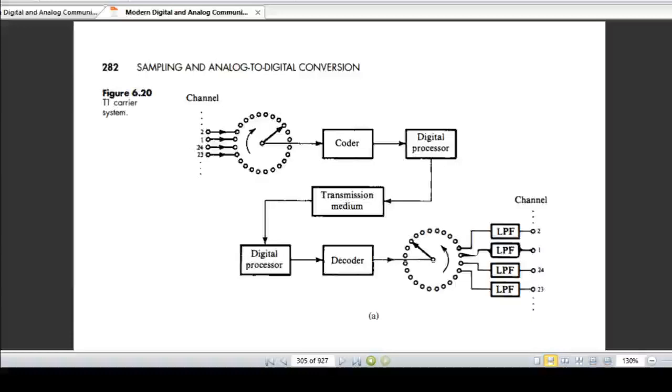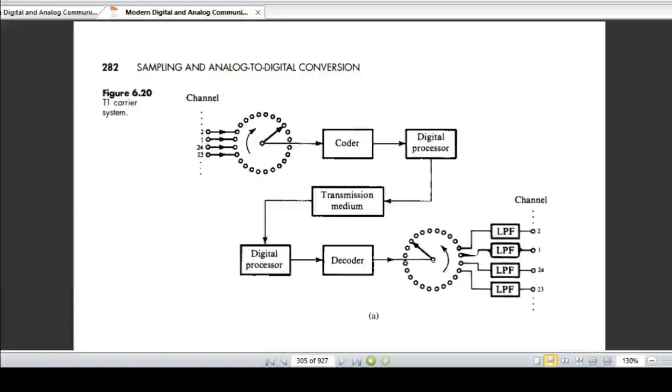In TDM we set time division multiplexing. The channel is fixed, and different time durations are given to each user, and only during that time is that user able to transmit in the channel. That is called TDM.